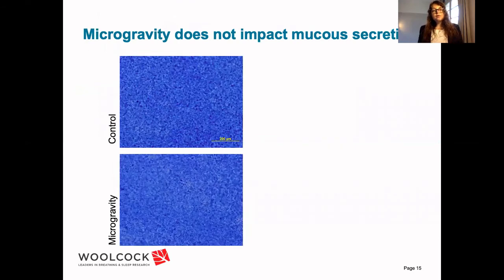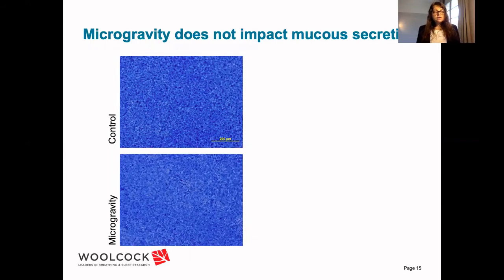So the first thing that we looked at was mucus secretion as a surrogate marker of differentiation. And that's because only goblet cells will secrete mucus. So we looked at the staining for mucus to determine essentially differentiation.